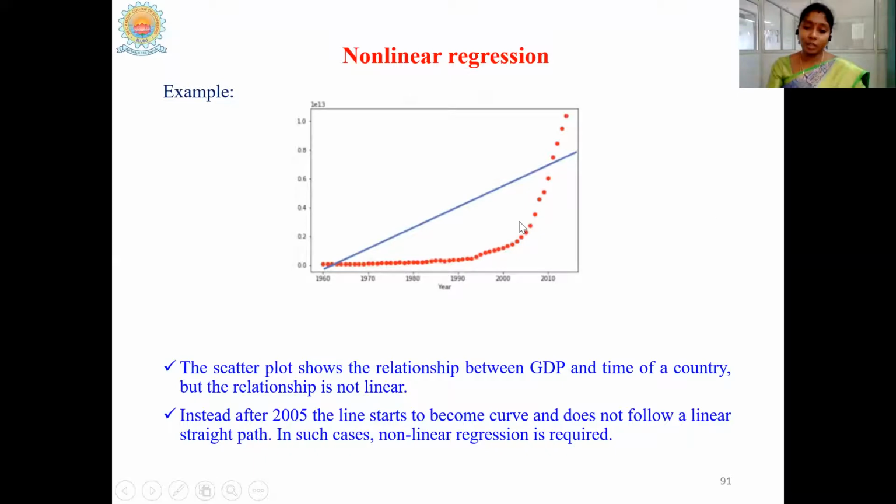If you observe, here is a graph explaining the relationship between the GDP and the time of a country. What is the shape of the graph actually? These red dots indicate the data. They form a curve-shaped pattern, so we cannot draw a straight line here.